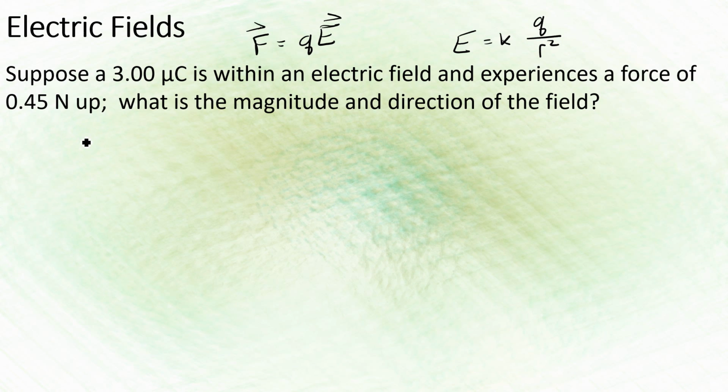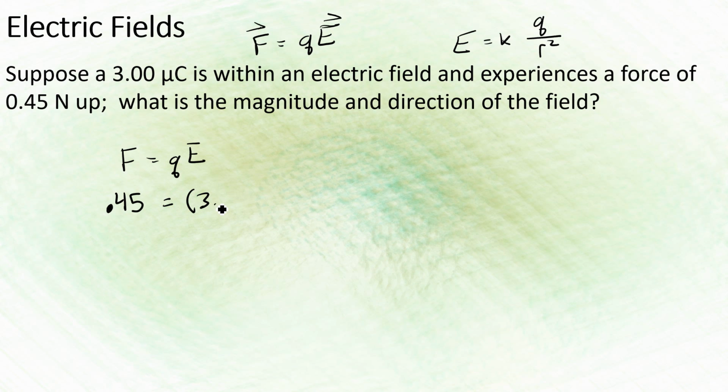Okay, so suppose a 3 microcoulomb charge is within an electric field and experiences a force of 0.45 newtons up. What is the magnitude and direction of the field? So that's going to be our F equals QE. And we know our force is 0.45.